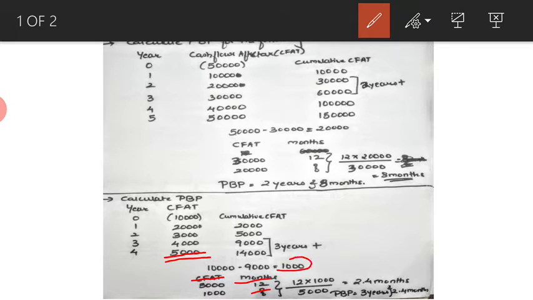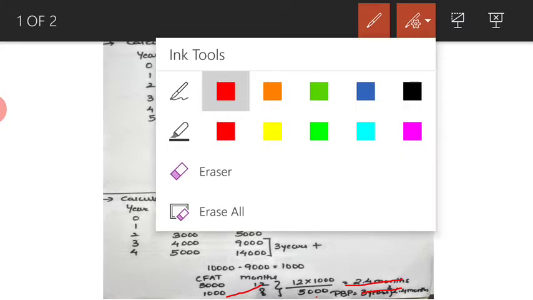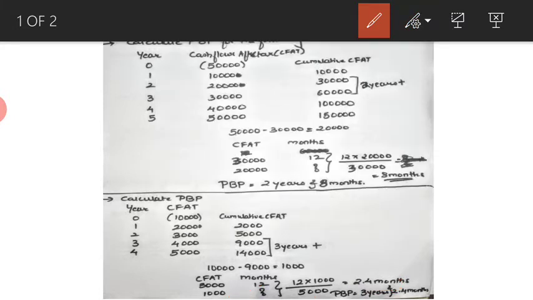So for 1,000, how many months do we require? Your answer would be 12 into 1,000 divided by 5,000, that is 2.4 months. So is this 2.4 your final answer? No, your answer would be 3 years plus 2.4 months, that is 3 years and 2.4 months.